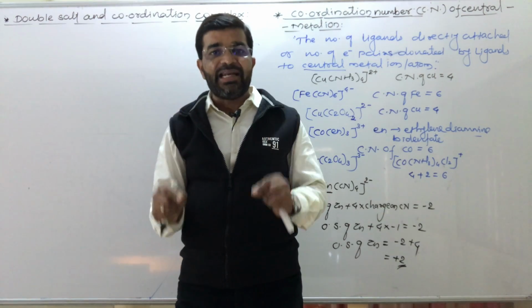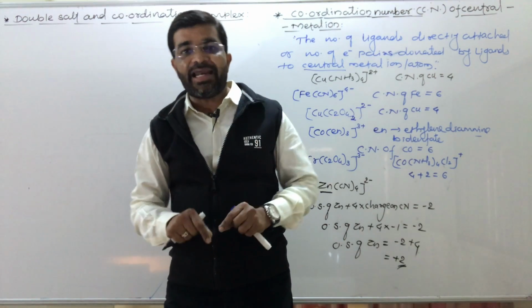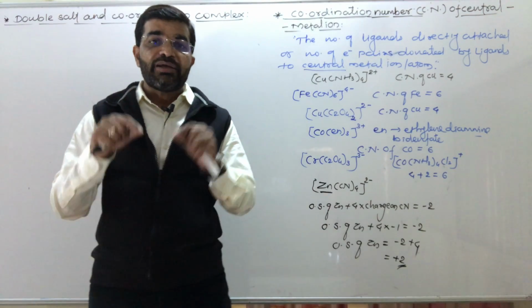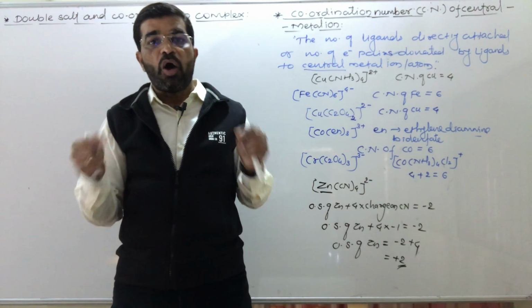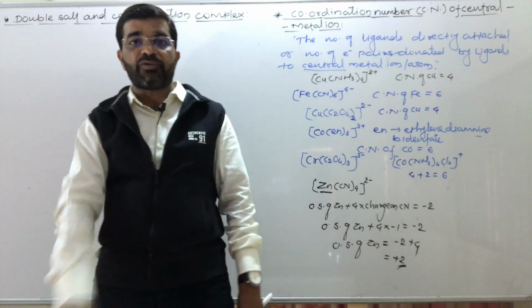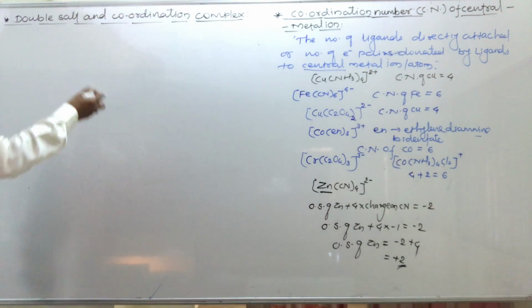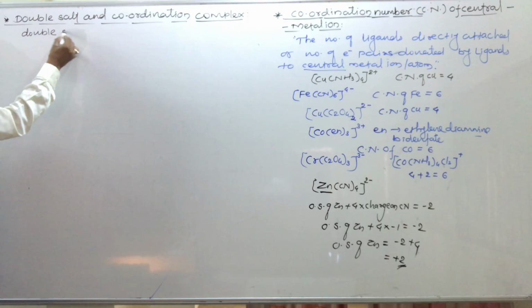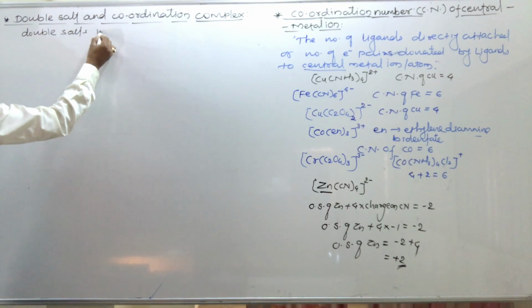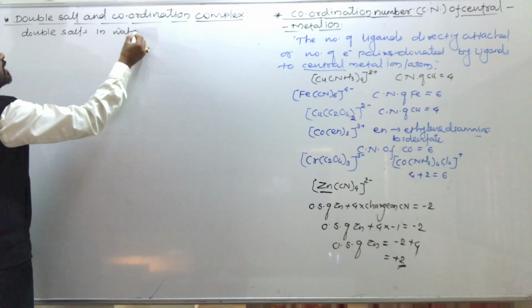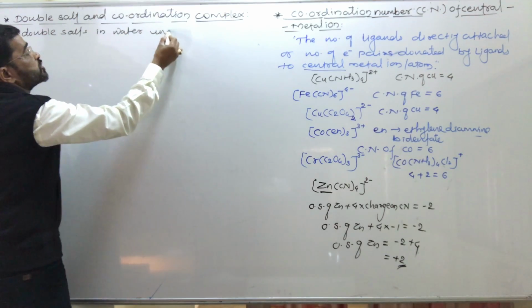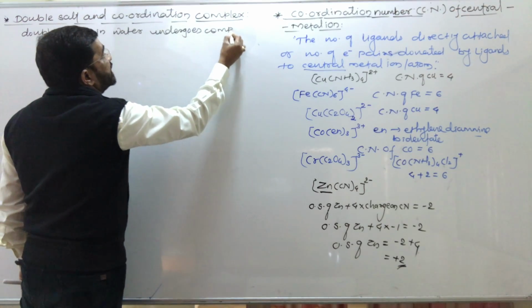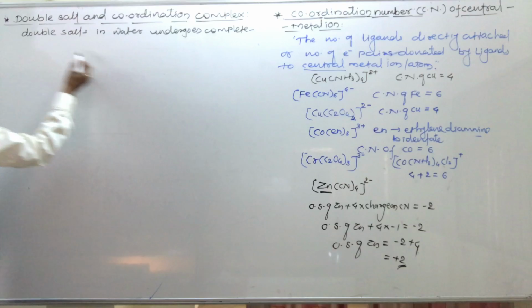Then how will you decide whether it is a double salt or a complex? That we have to study. What actually happens: double salts in water undergo complete ionization, complete dissociation.